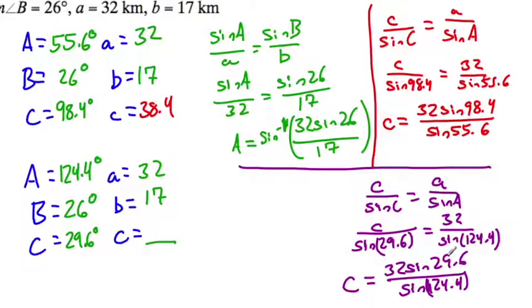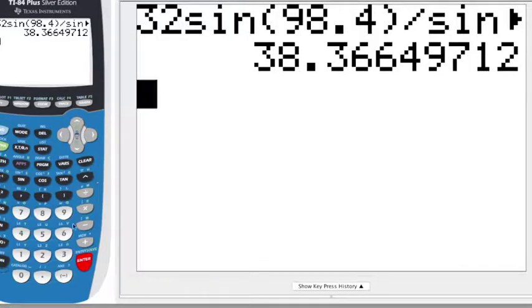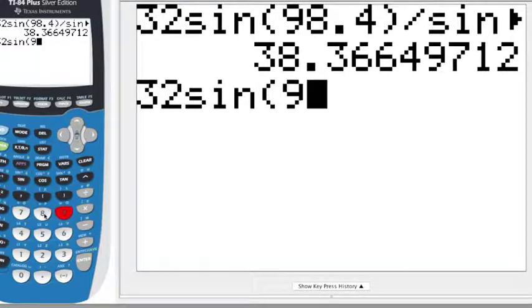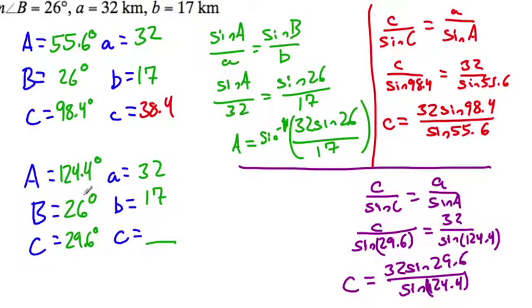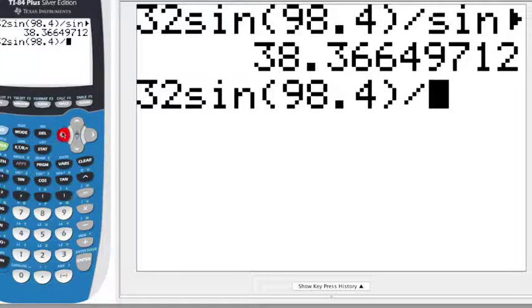So I do 32 times sine of, oh, sorry, sine of 29.6, different triangle there.